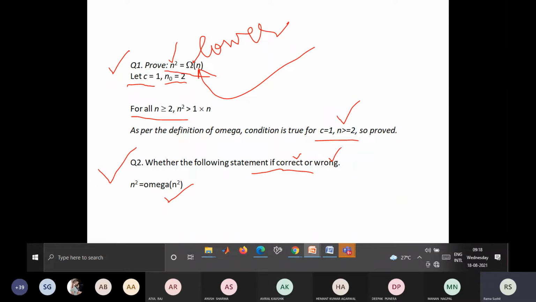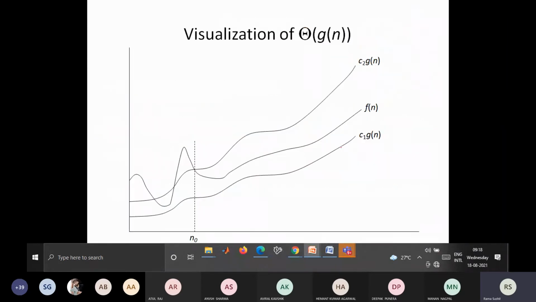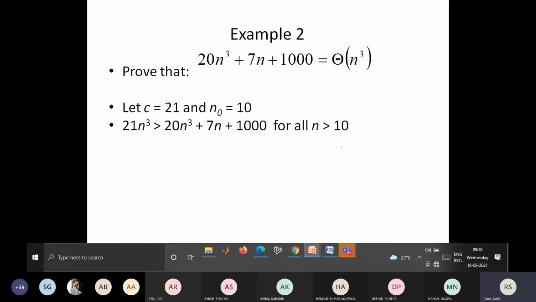The condition is to be shown with numerical values, with the constant and with n0. So you can work out and solve all these and then ask your queries if any, right? So this is about the Theta notation and Omega; Big O we have already done.